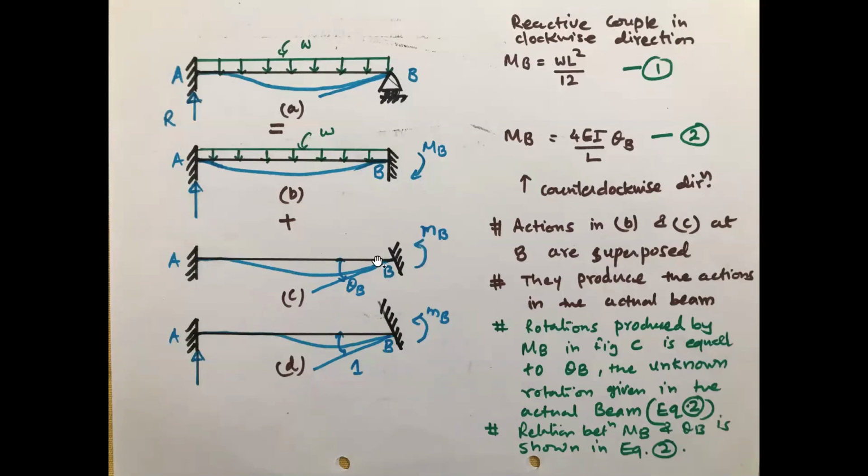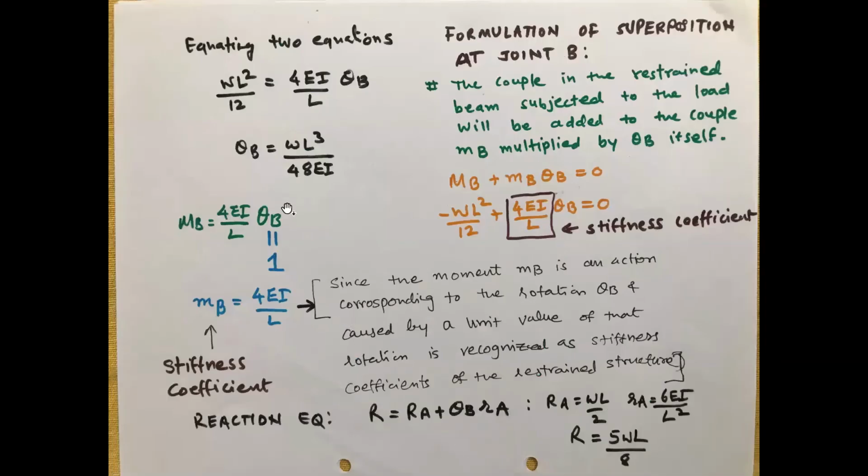If I make the value of theta B equal to 1, as you have also verified when calculating the moment distribution factor in the moment distribution method, I can define this as the stiffness, where I have allowed unit rotation.